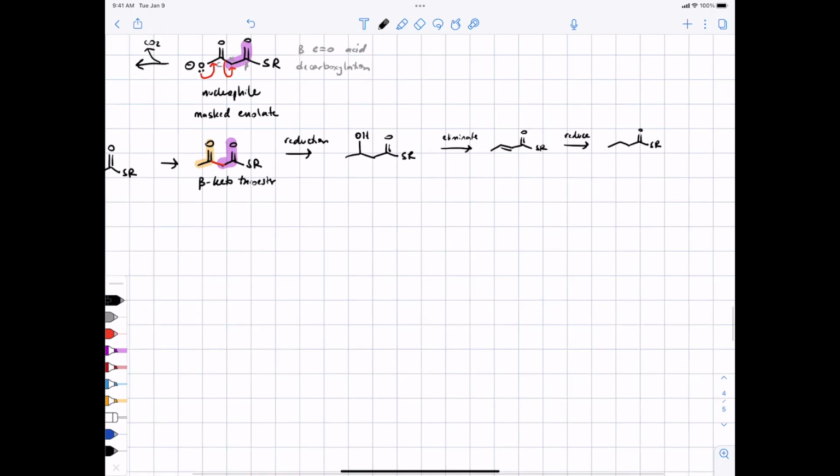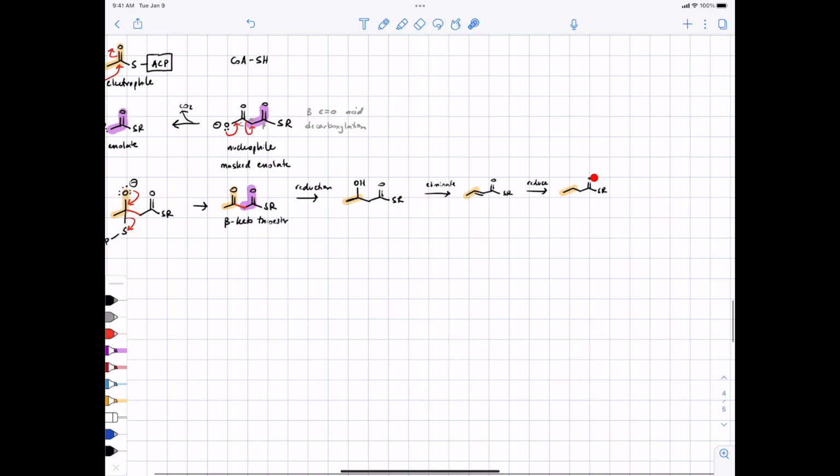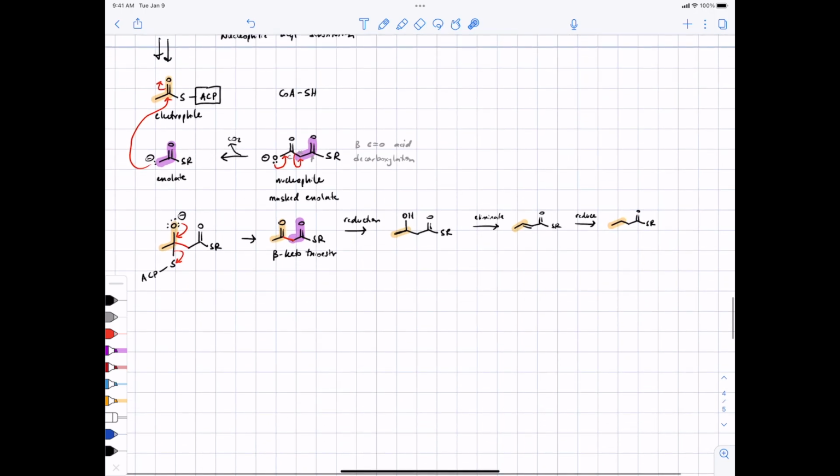And all the while, here are the 2 carbons that came from acetyl-CoA. And at this stage, you can take this molecule and start again, attach this molecule to the acyl carrier protein, have another enolate come in and attack, and then you successively tack on additional 2 carbon units.